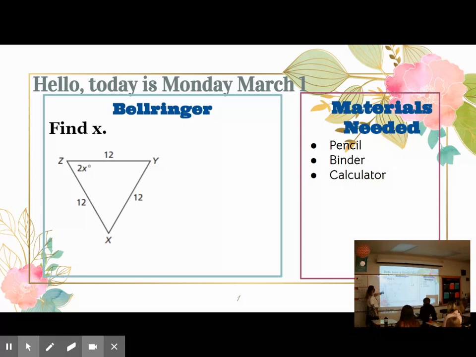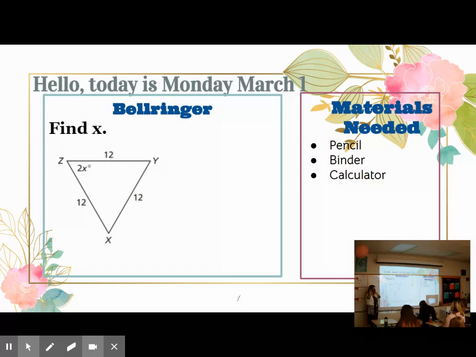For instance, if this was 4x, then you would do 4x plus 4x plus 4x equals 180. 12x equals 180. 180 divided by 12 is 15. Check my math on that. It works, but only if they're all congruent. And our notes told us Friday that if all the sides are congruent, then all the angles are congruent.